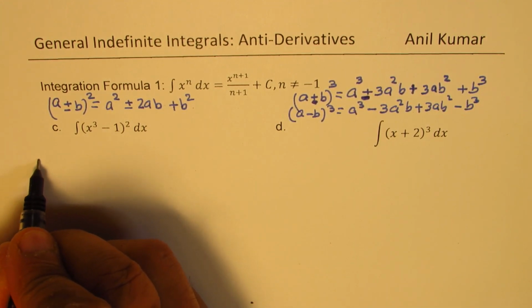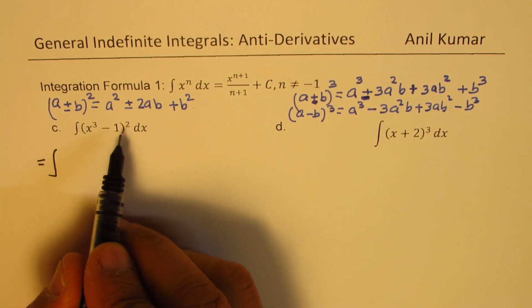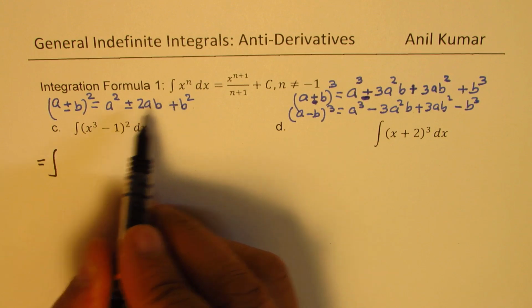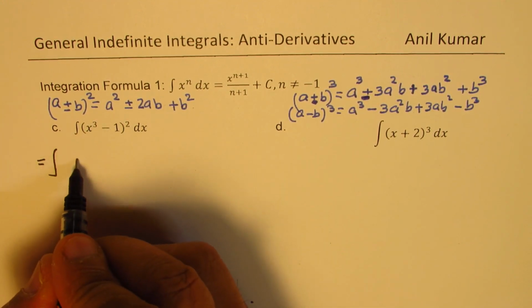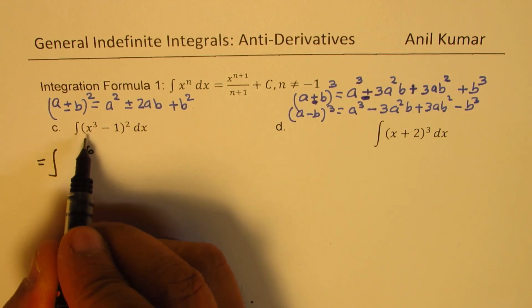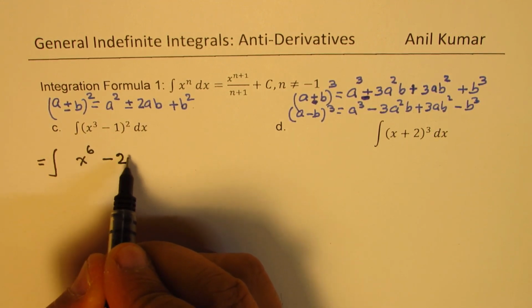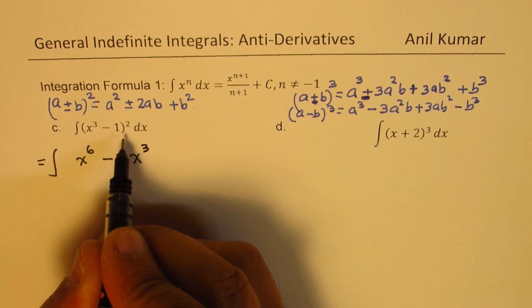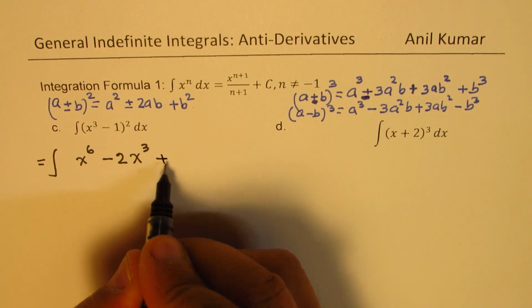So here is how we are going to solve it. We are trying to find the integral of (x cube minus 1) whole square. Applying this formula, I'm going to expand it. The square of x cube is x to the power of 6. Then minus 2ab, so 2 times x cube, plus b square, which is 1.